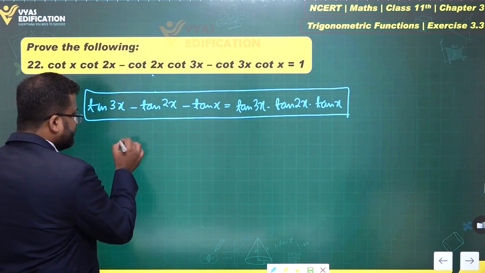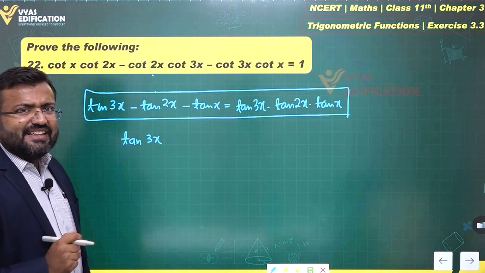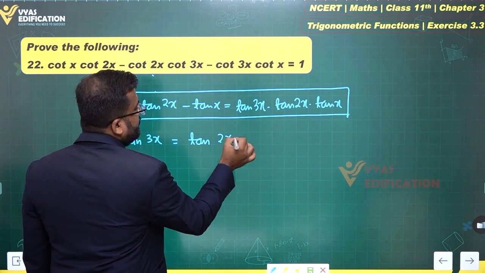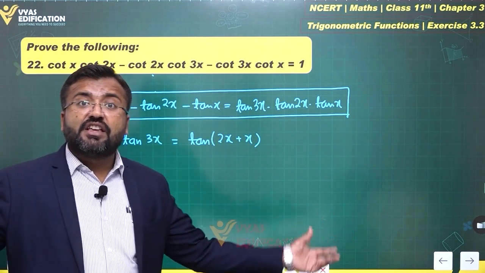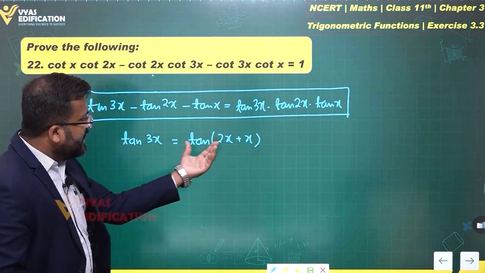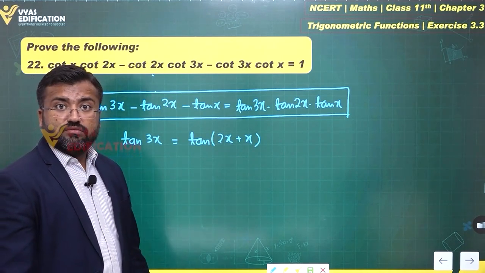So we have something else in mind in that case, right? What is that? Do you observe that I can write tan 3x as nothing but tan of 2x plus x? There's nothing special in this, but after I write this, I can apply the formula of tan a plus b over here. Will that be possible?